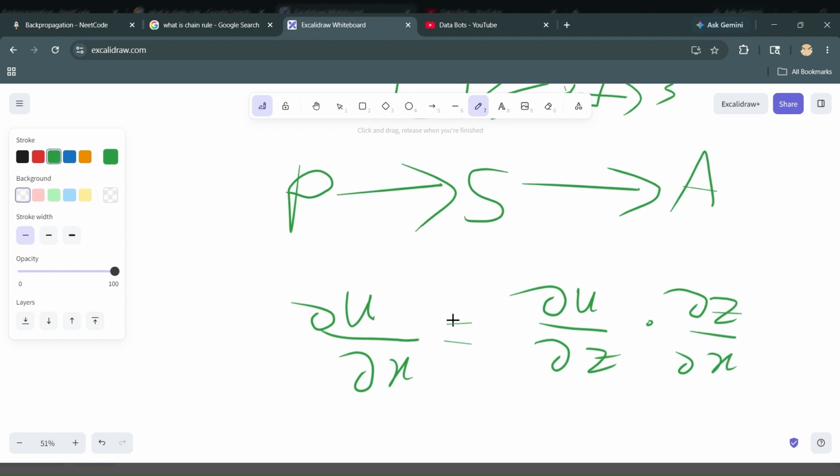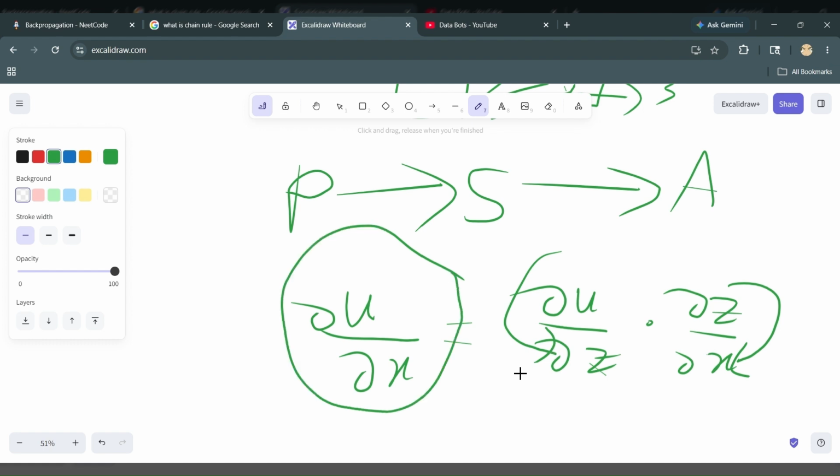Basically, u is dependent on the changes of z, and the changes of z are dependent on the changes of x. We compute these individually and multiply them, and we'll arrive at the relation between these two. This can be in multiple variables, like here it is 2, then it can be 4, 5, and so on. This is the chain that is there.